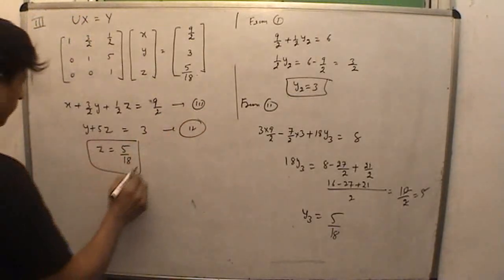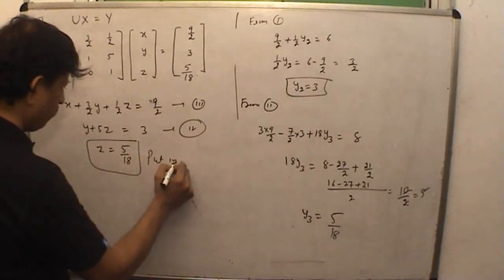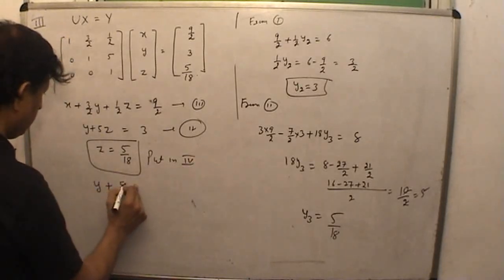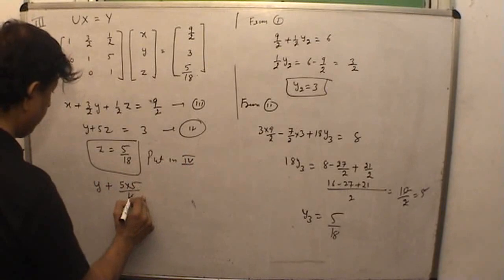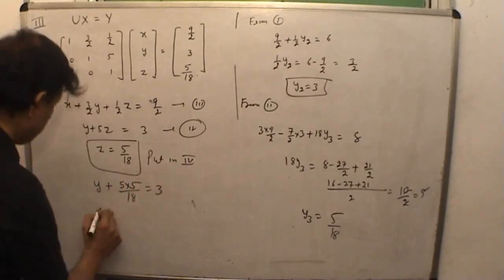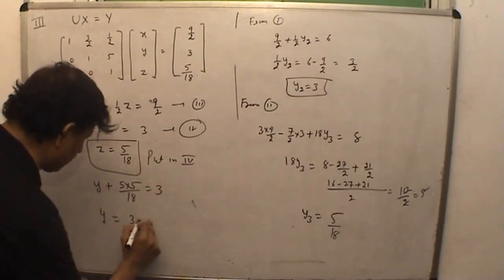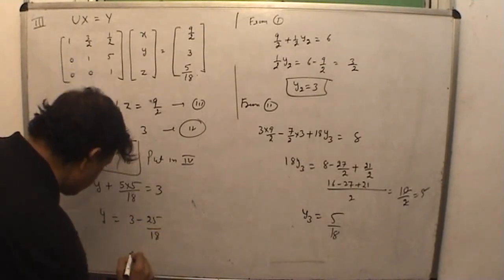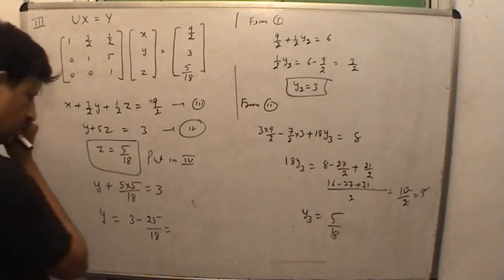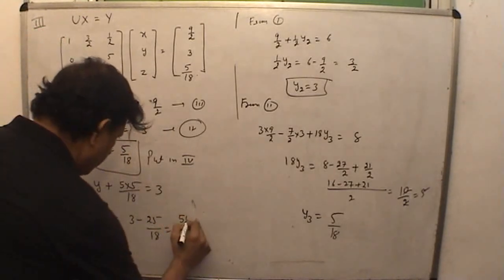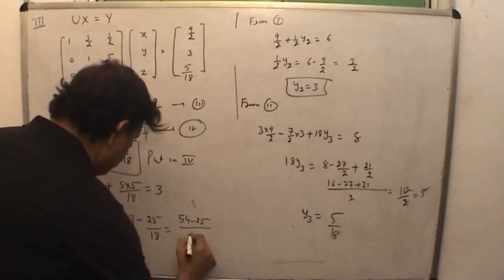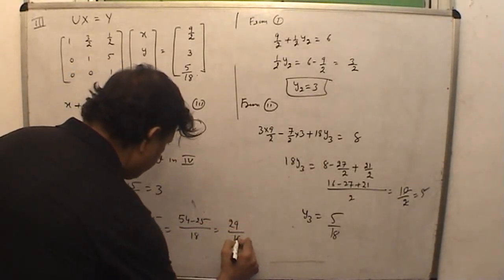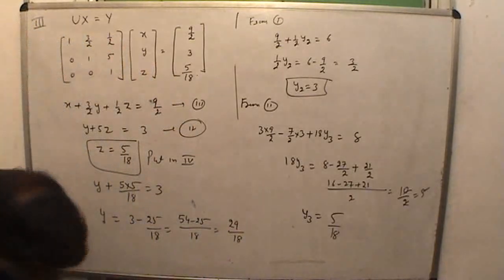So put in 4, we get y plus 5 into 5 by 18 is equal to 3, and then y is equal to 3 minus 25 divided by 18, that is equal to 54 minus 25 divided by 18, that is equal to 29 divided by 18.